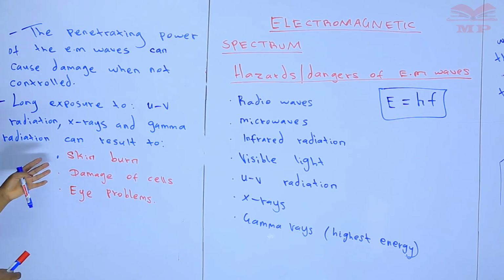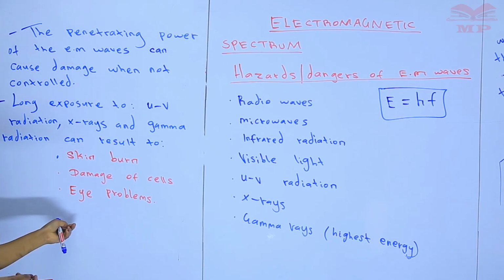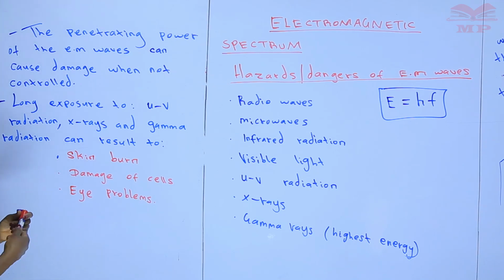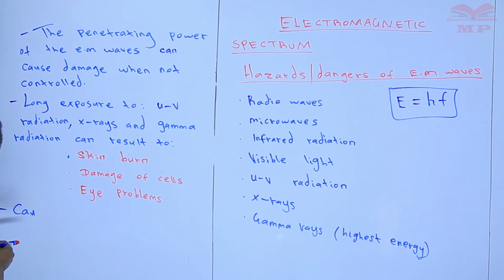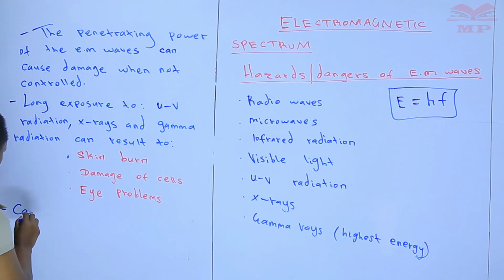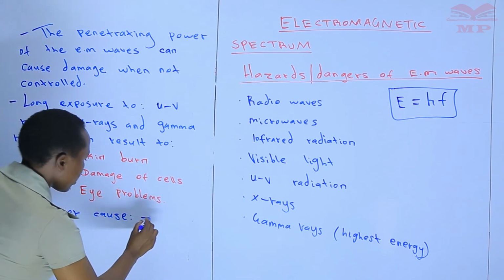And if you continue exposing your body to these electromagnetic waves, it can even graduate and cause what we call cancer. It can also lead to leukemia, and it can also lead to hereditary defects in children. So when you have long exposure to these rays, it can later cause skin cancer.